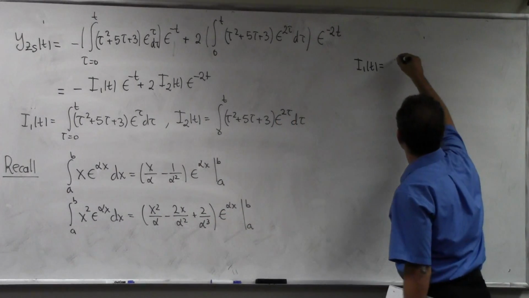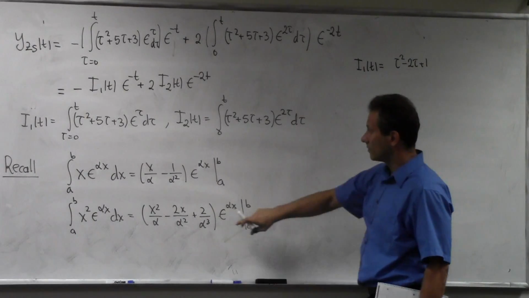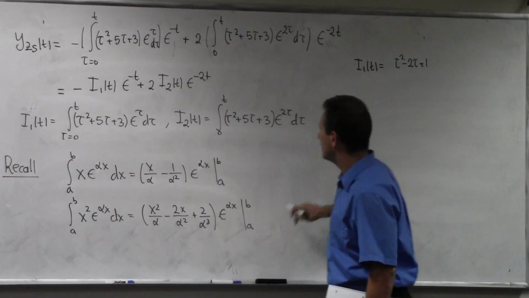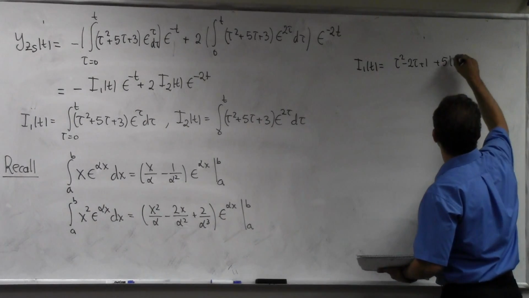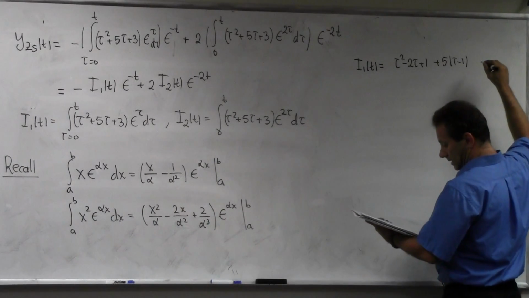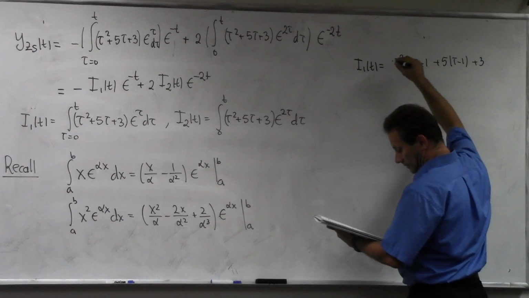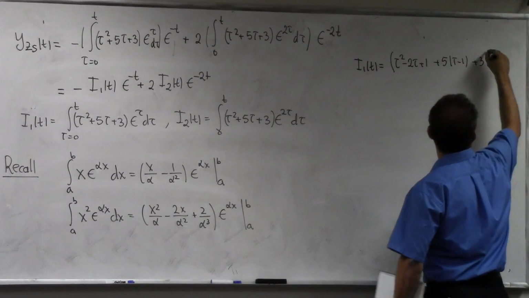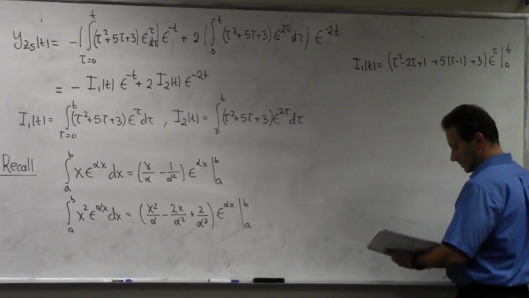So it's going to be tau squared minus 2 tau plus 2 from this term here, plus 5 times tau minus 1, and then plus 3, everything multiplying e to the tau from 0 to t.